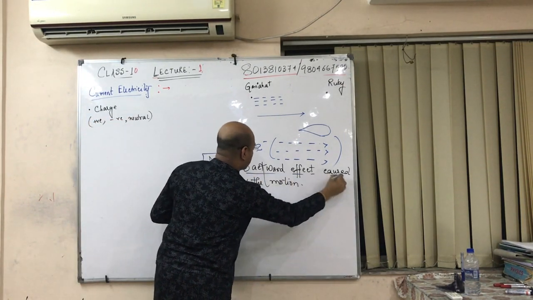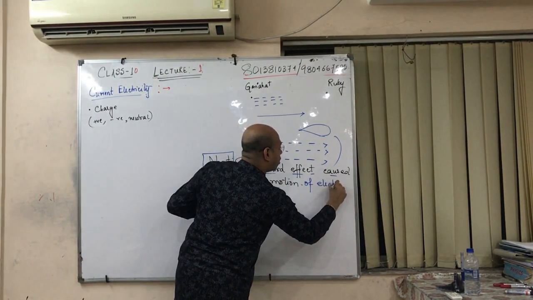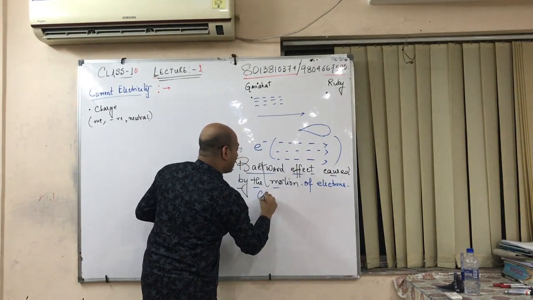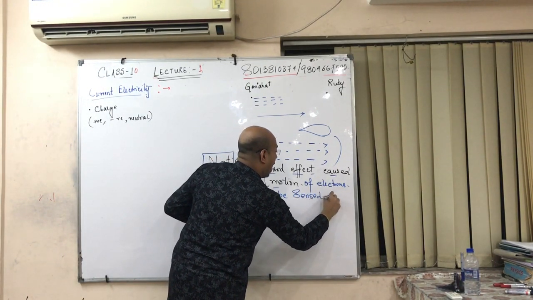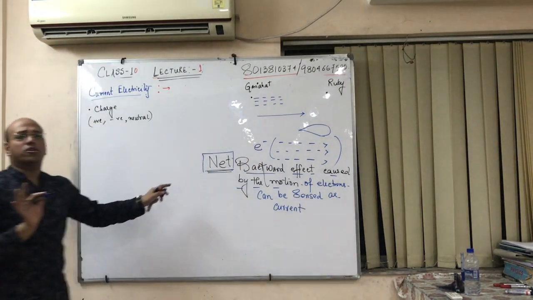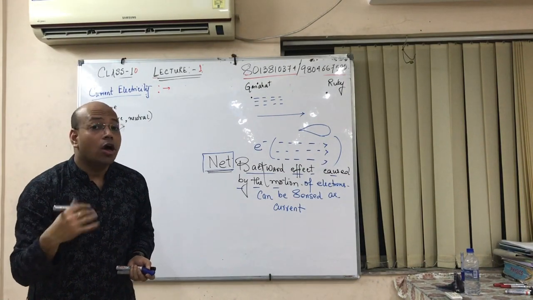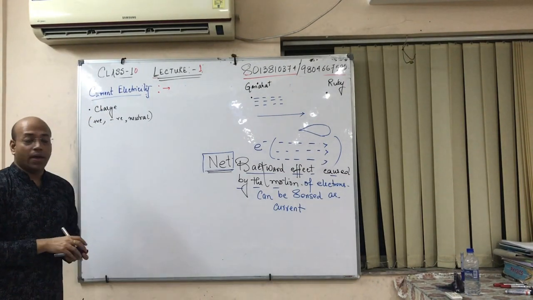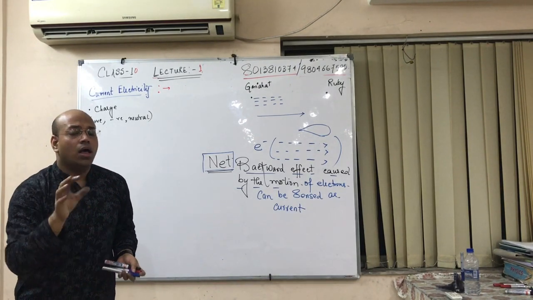Net backward effect caused by the motion of electrons can be sensed as current. Now this is a basic understanding of what current can be. Okay, now we will move on to the actual topics.